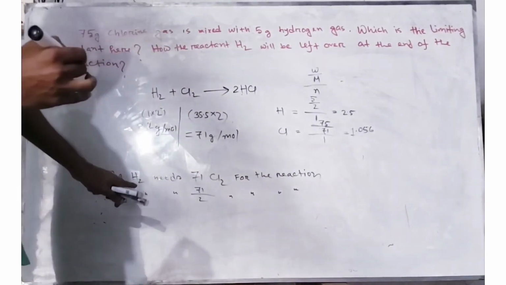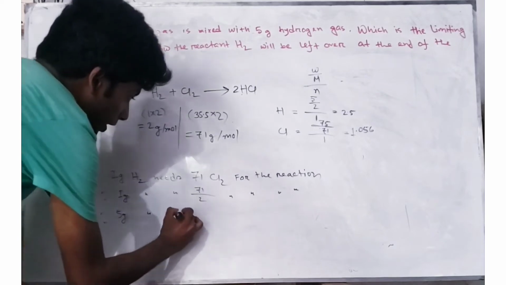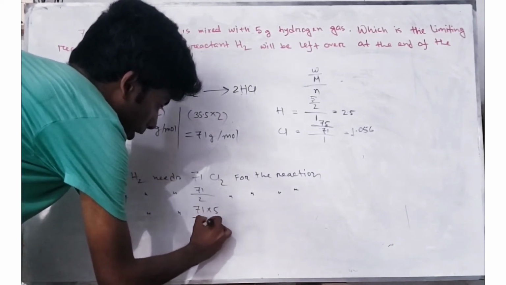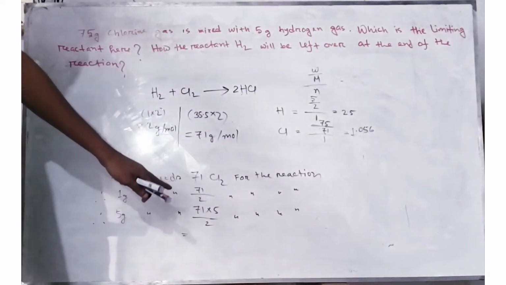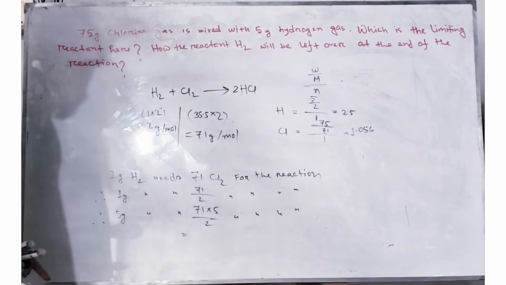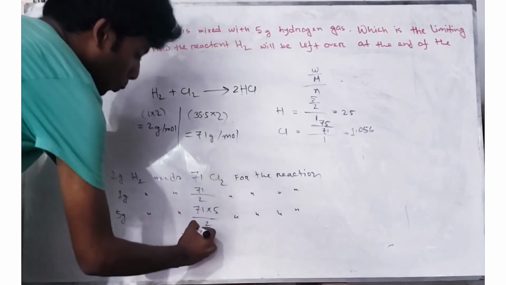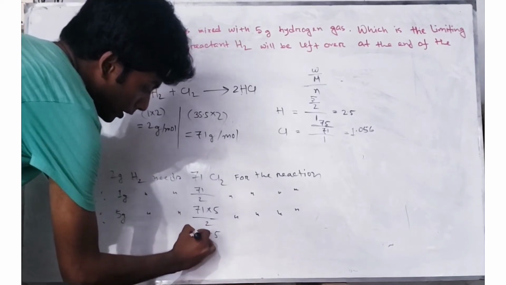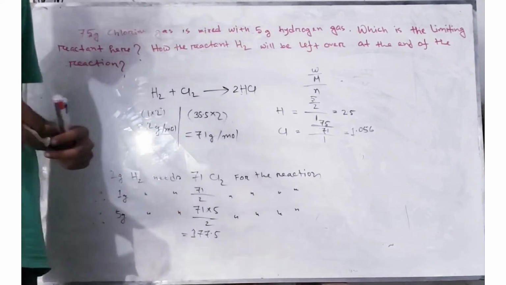Now we have 5 gram hydrogen, so 5 gram hydrogen needs 71 into 5 divided by 2. If we complete the procedure, the result will be 177.5. You can use a calculator to complete the procedure.